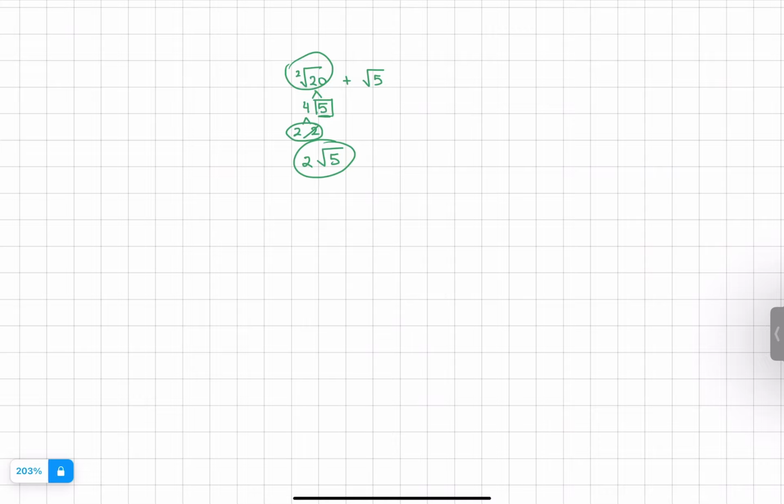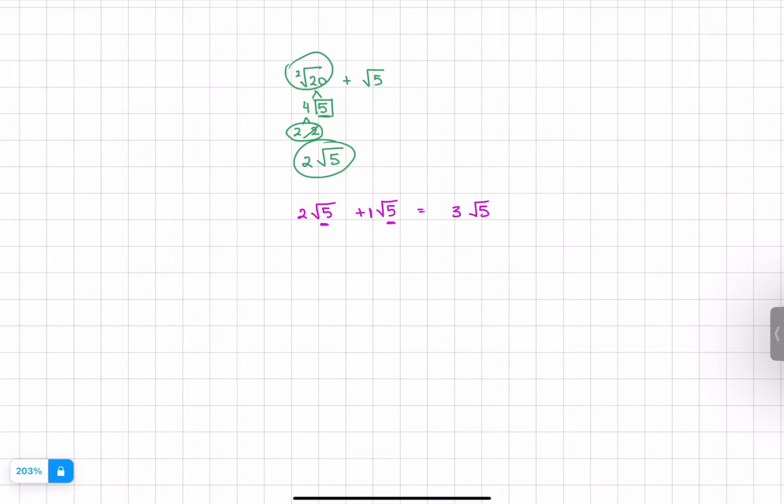So let's rewrite this question as 2 root 5 plus root 5. Well, now we can add them because root 5 is on both sides. So we can put a root 5 on the outside, and then we can add 2 plus the invisible 1, which is 3 root 5.